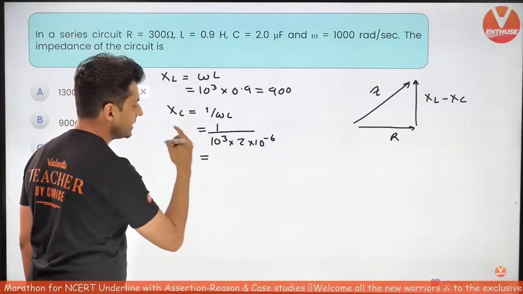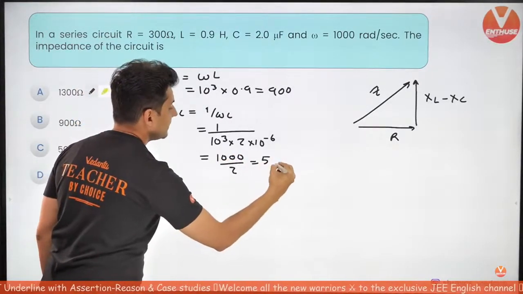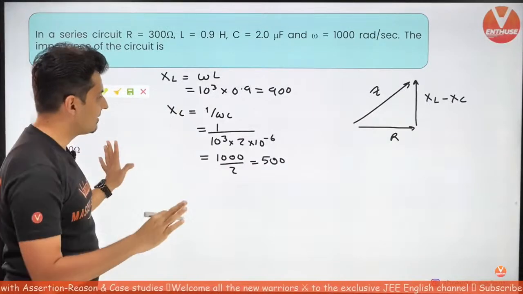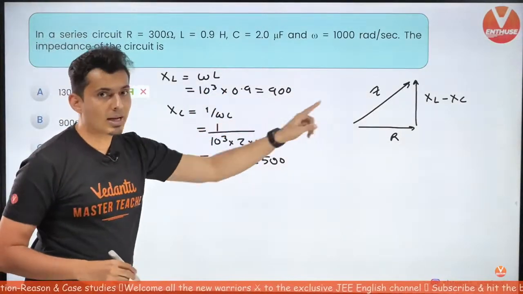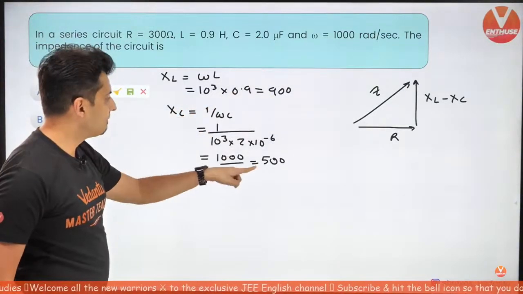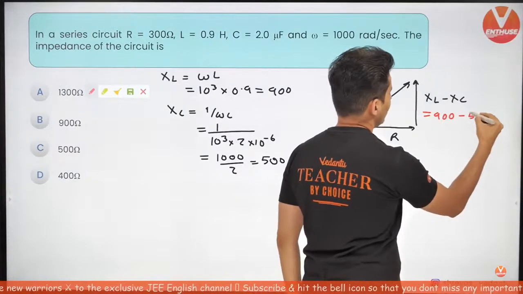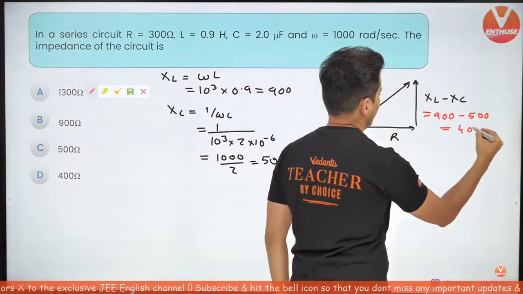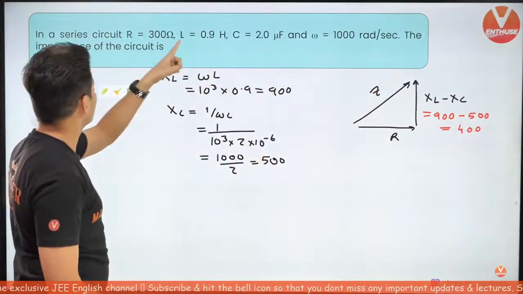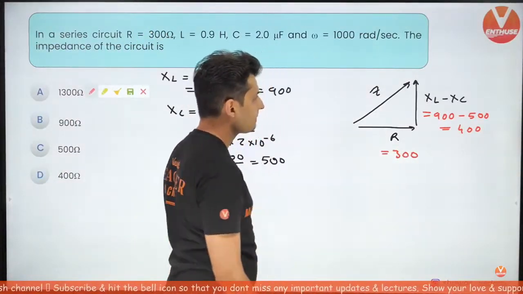So this will be 1000 divided by 2, which is 500. Okay, fair enough. Now look at the triangle. XL minus XC will be 900 minus 500, which is 400. Resistance is 300. So just mark this as 300.